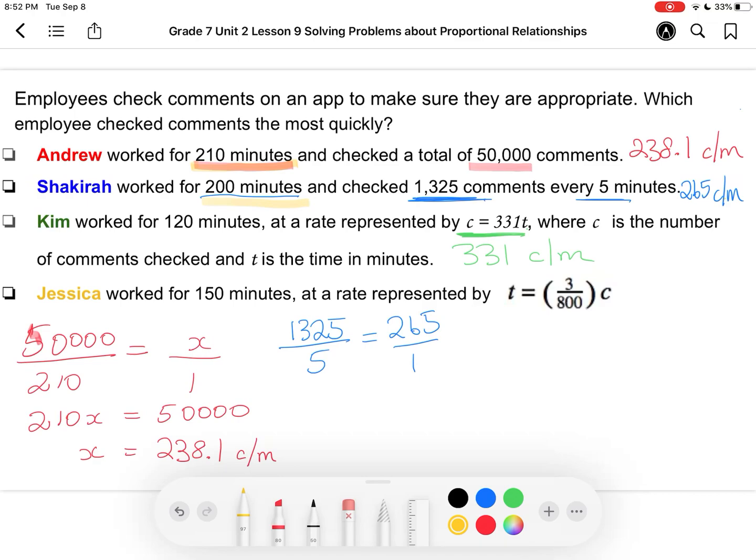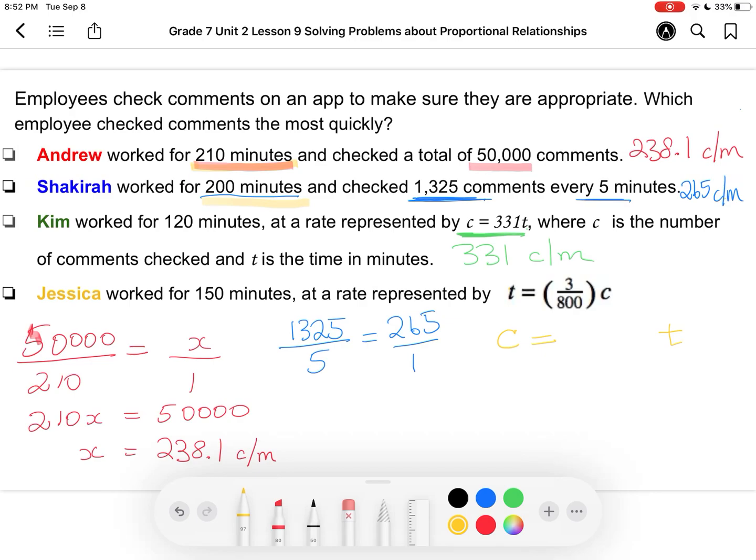And finally, there's Jessica. She's checking at a rate which is represented by this equation. The amount of time equals 3 over 800 times the number of comments. Now, we want to know the other way around. We want to know c equals what, the constant of proportionality for t, how many comments per minute.